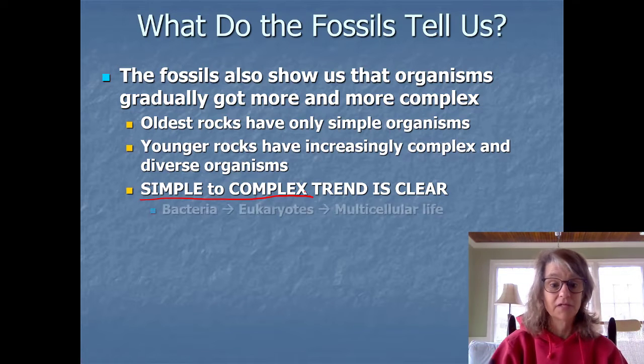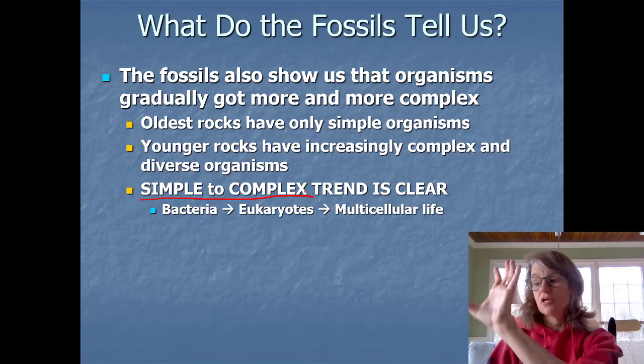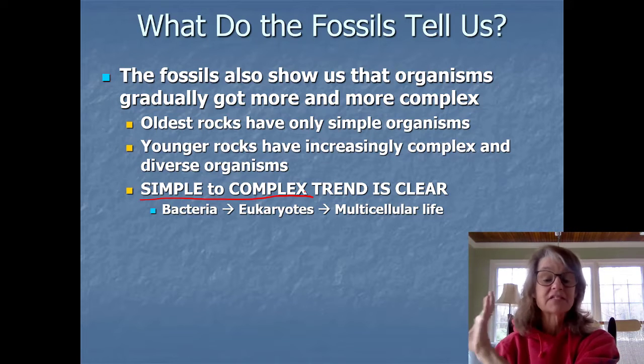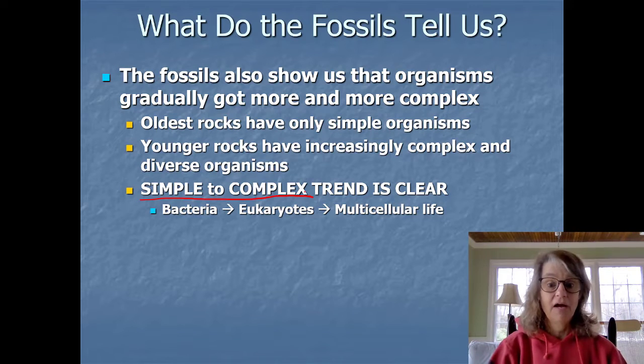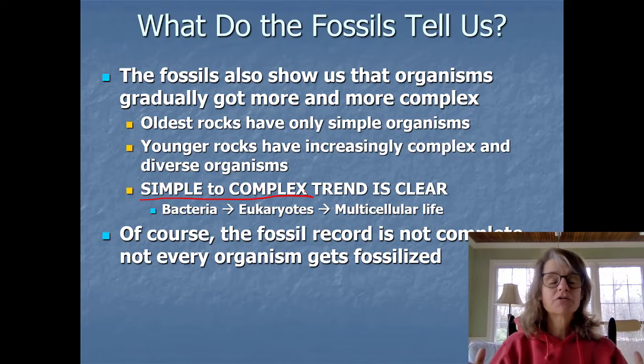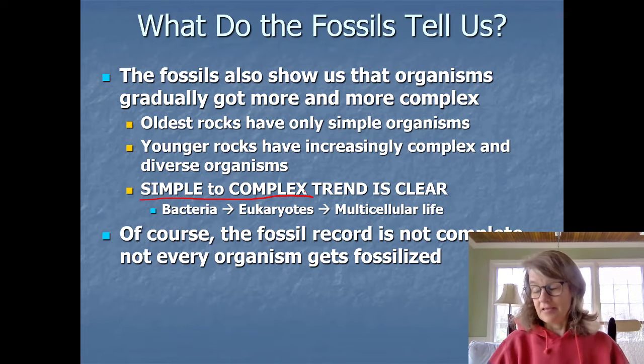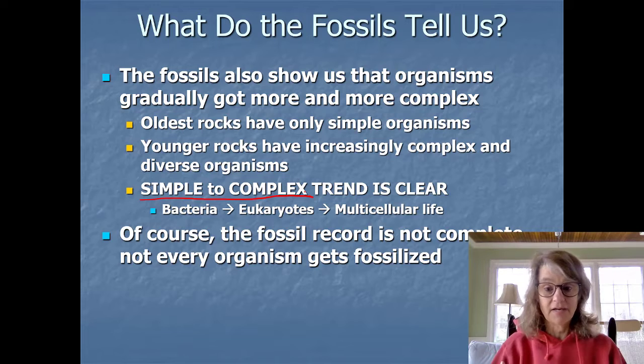It is absolutely clear. From bacteria to eukaryotic cells to the more complex multicellular life that we have with us today. Now, of course, the fossil record is not complete. Not every organism that has ever lived on the planet has gotten fossilized.